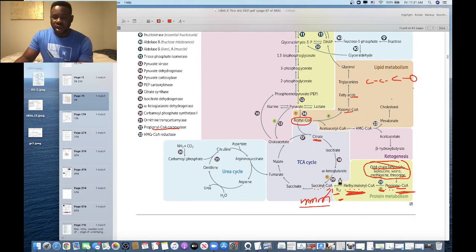The same way, when we have amino acids, some amino acids like glutamate or glutamine can be used to make alpha-ketoglutarate, and then that will also go into the cycle and make more citrate, and we can use that in the TCA cycle. So this can be studied all together. We need to study all of them together.